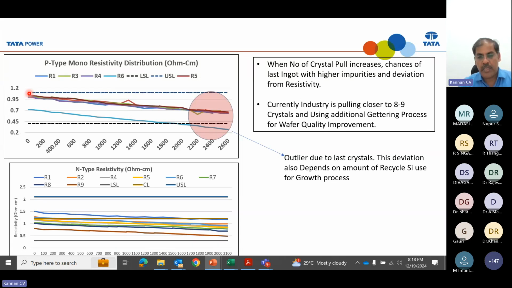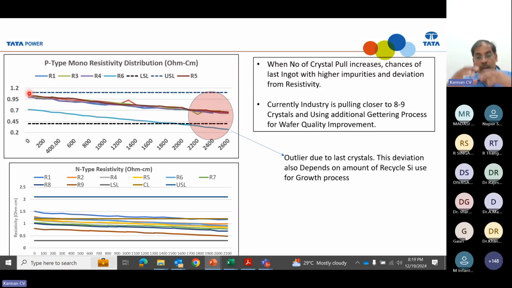Not only resistivity, overall the entire impurity concentration, like oxygen, carbon, and also the metallic impurities of the last crystal will be relatively poor, because the molten silicon you are adding again and again, and the impurities always settle down in the left out molten silicon. Then you are adding one more polysilicon again. So the second time also the molten silicon has a relatively higher concentration of impurities.